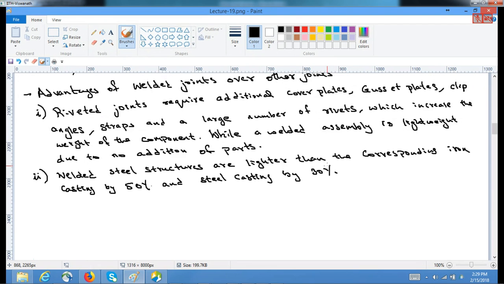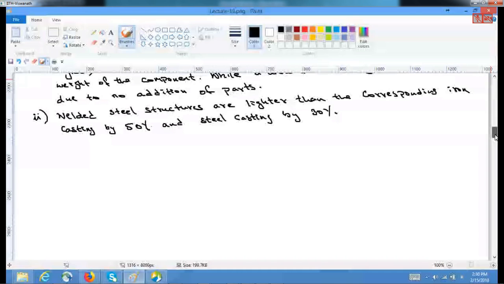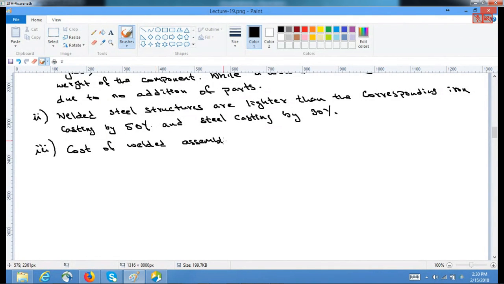Because of this, you will reduce a lot of dead weight, and that will also help you in the design. The third one is that the cost of a welded assembly is lower than a riveted joint.